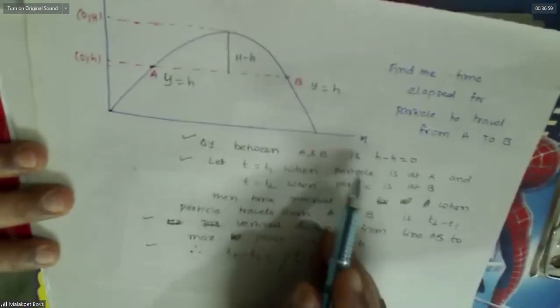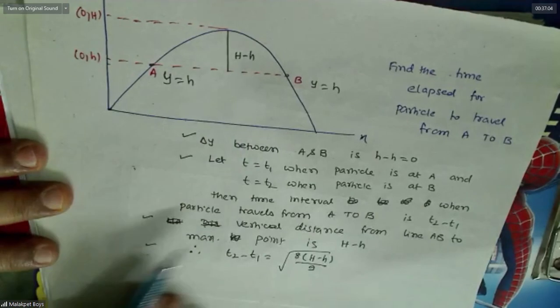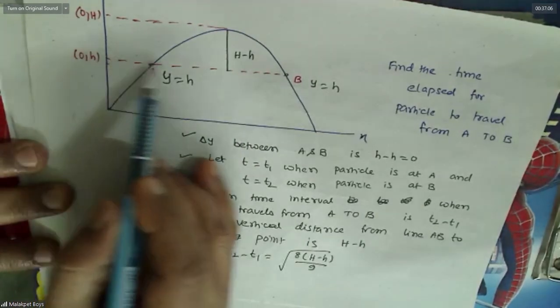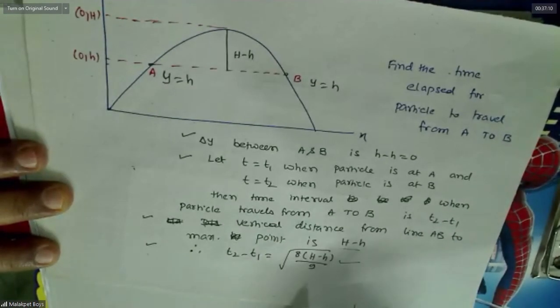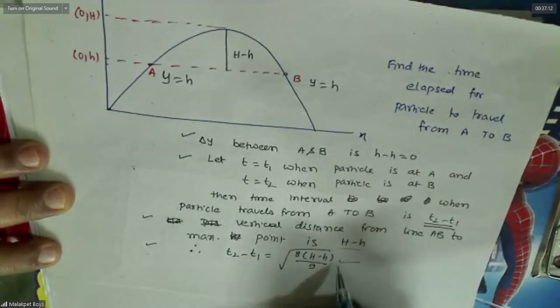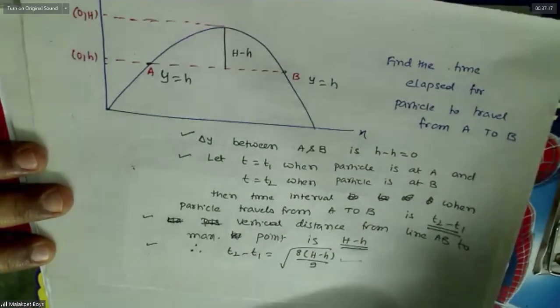Look at this. Delta y between the points should be 0. This is T1. The time interval is T2 minus T1. Vertical distance on the line joining AB to the maximum height. Then you have this. Follow this? Yes, sir. Clear? Yes, sir.